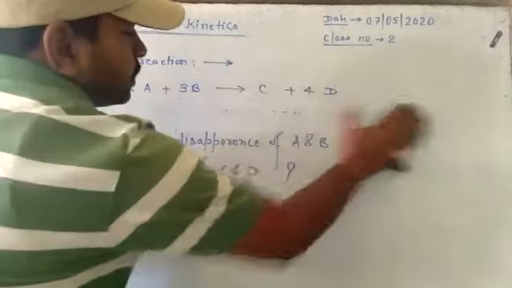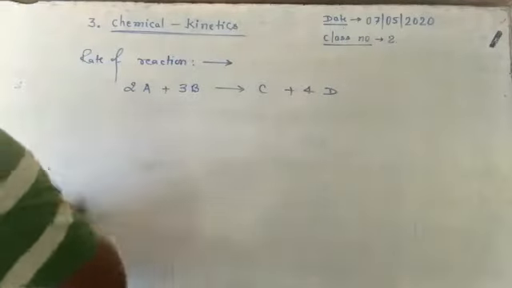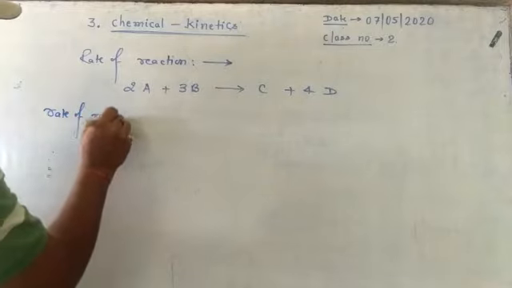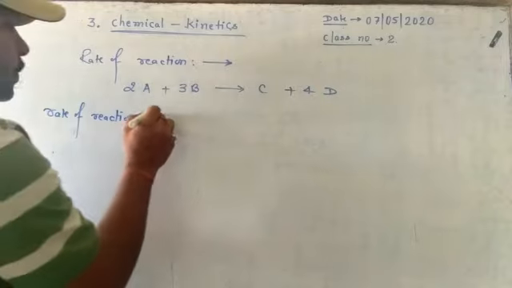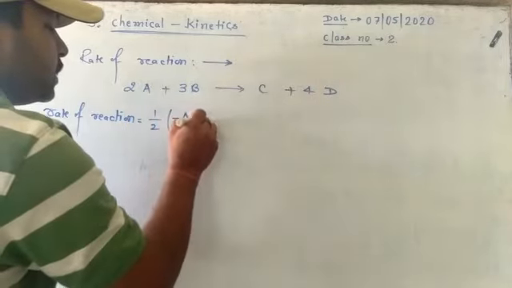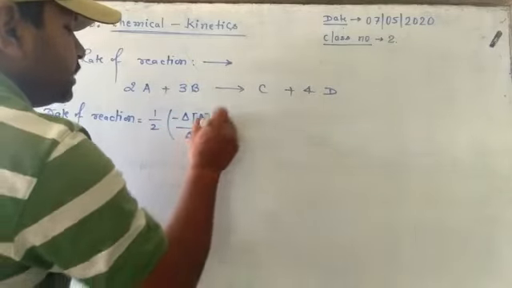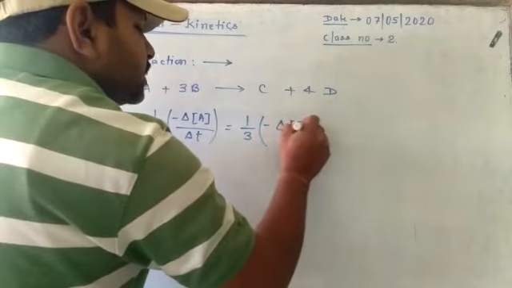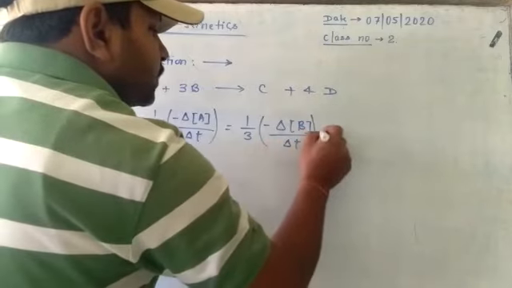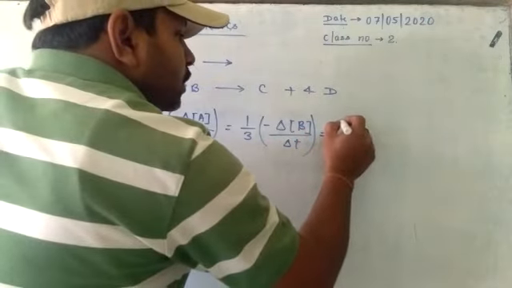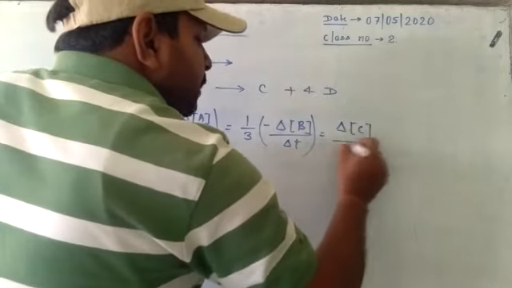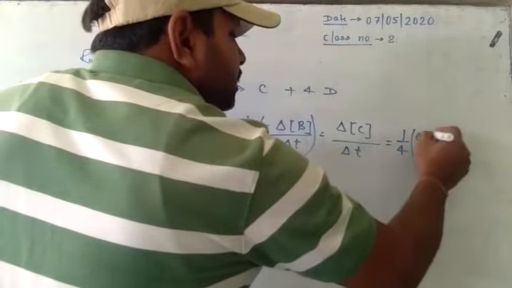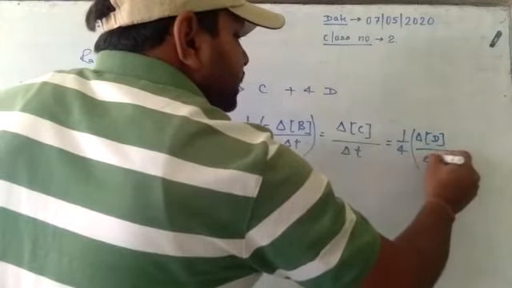So students, initially we write rate of reaction equals 1 by 2 minus del concentration of A by del t equals 1 by 3 minus del concentration of B by del t equals change in concentration of C by change in time equals 1 by 4 change in concentration of D by change in time.